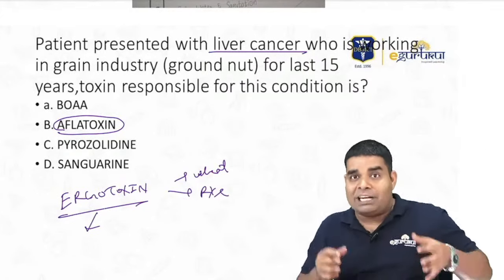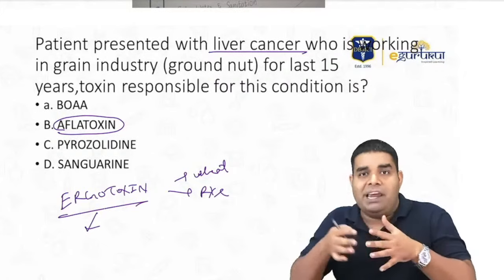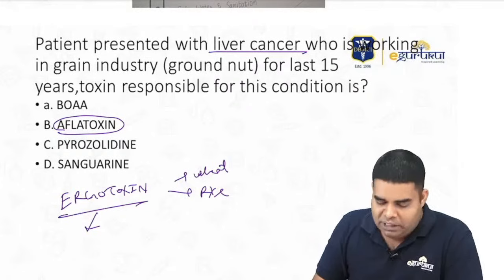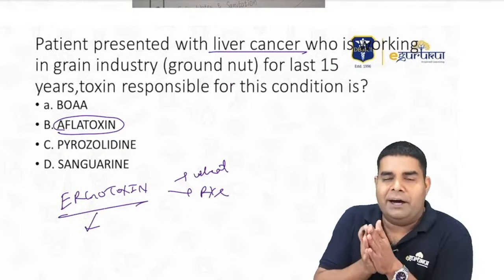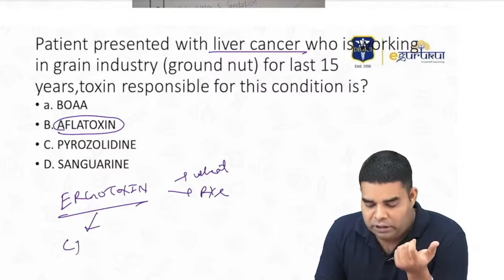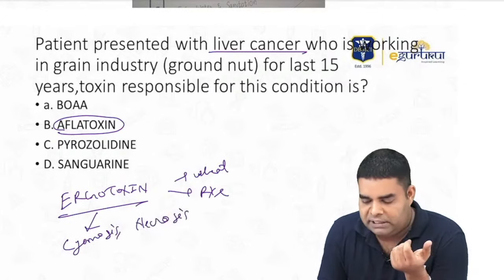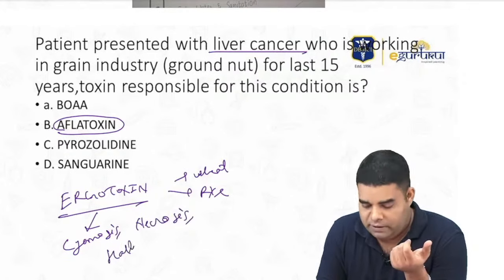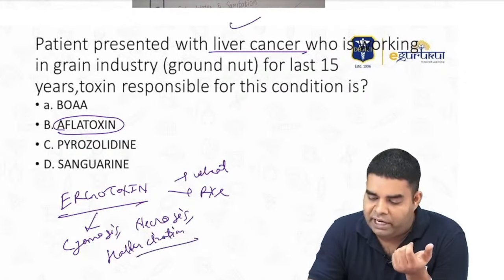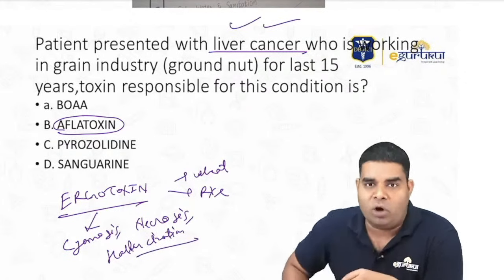That ergotamine causes vasoconstriction and decreases the pain of migraine. Similarly here, this ergotoxin causes capillary constriction, and it can cause cyanosis, necrosis, and in some stages it can also cause hallucination. Because in the question they have used the words liver cancer, no doubt the answer is aflatoxin.